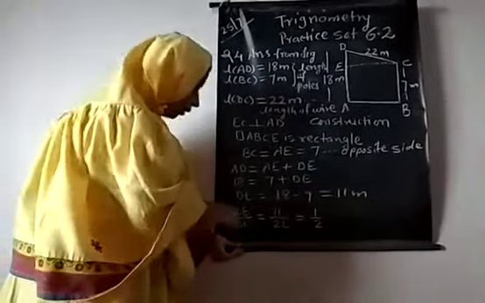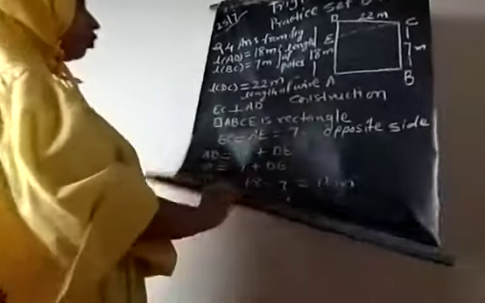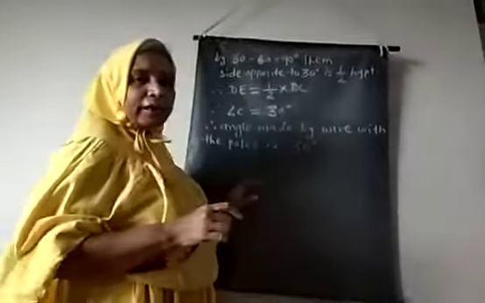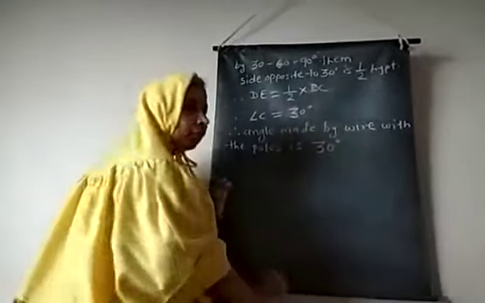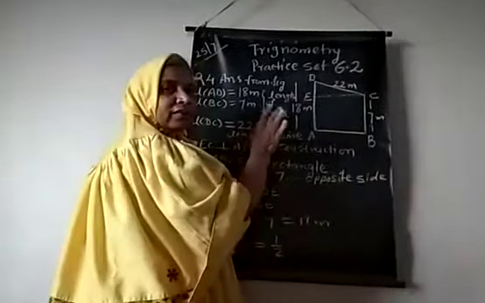Now we are taking the ratio of DE and DC. So the ratio is coming half. This ratio shows that according to the 30-60-90 theorem, the side opposite to 30 degree is half of the hypotenuse. Now in this figure, this E angle is 90 degree, therefore DC is the hypotenuse.